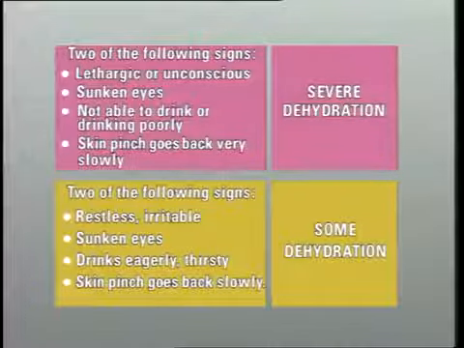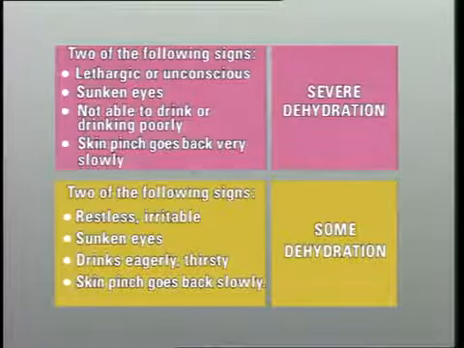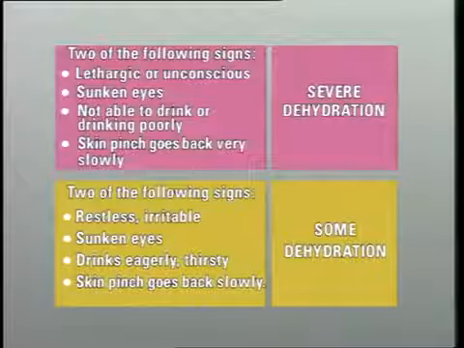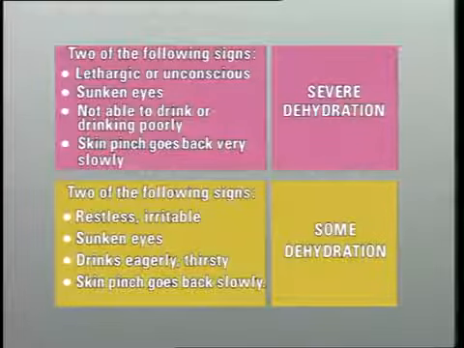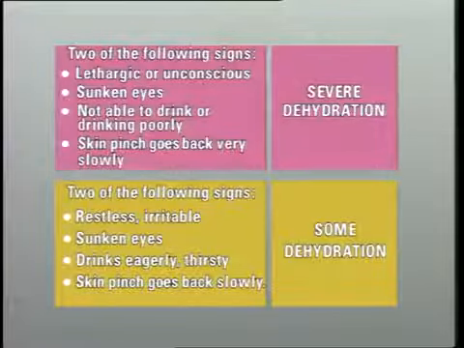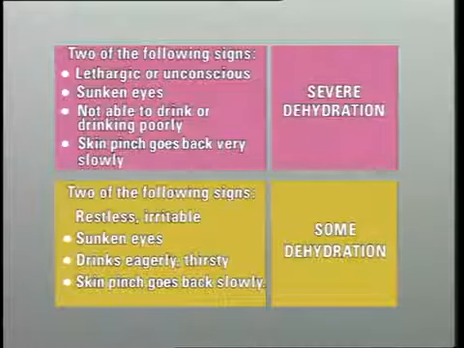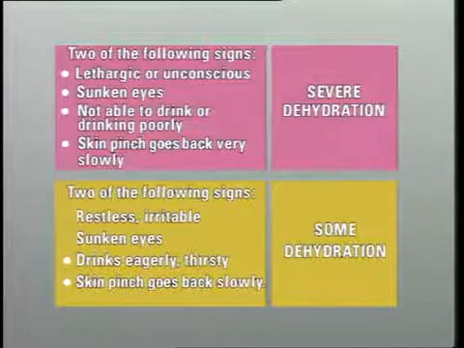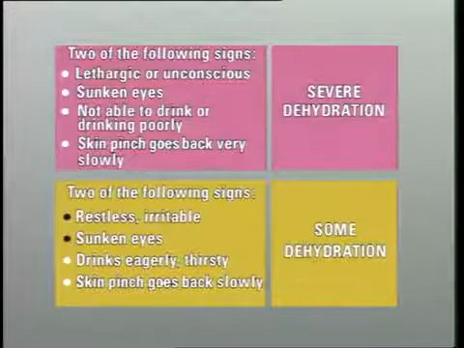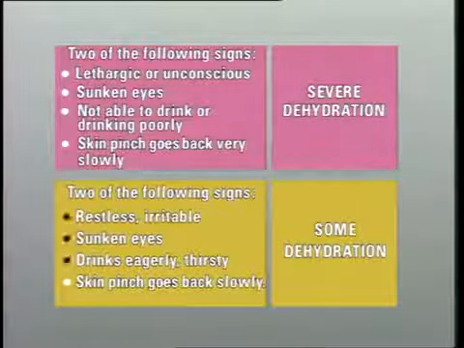So we move down to the middle row. Does the child have 2 or more of the signs needed to classify him as having some dehydration? His general condition is restless and irritable. His eyes are sunken. He is thirsty and drinks eagerly.